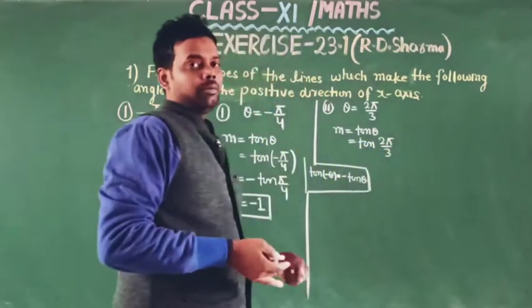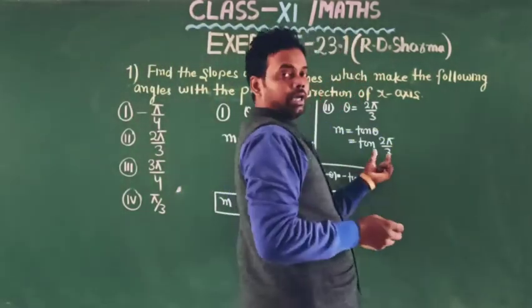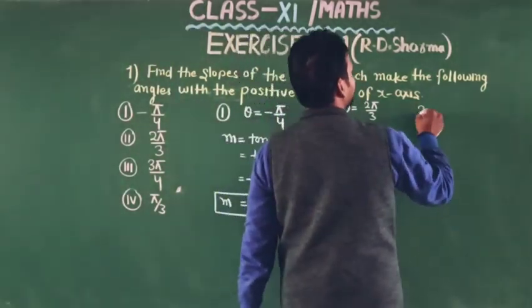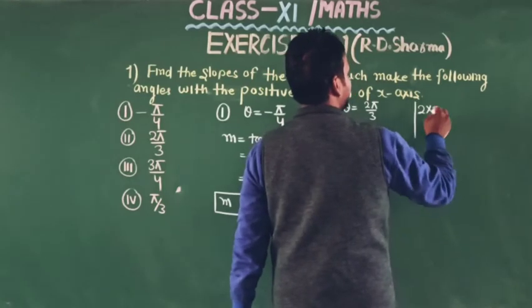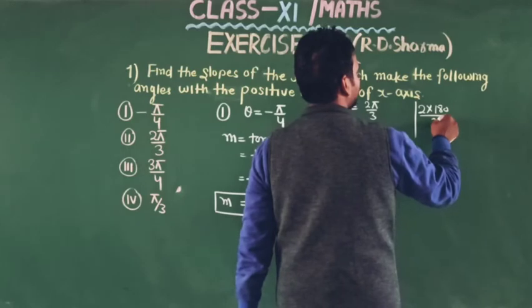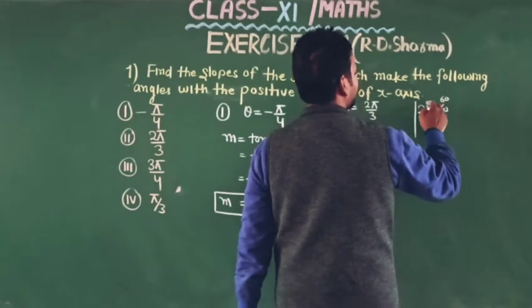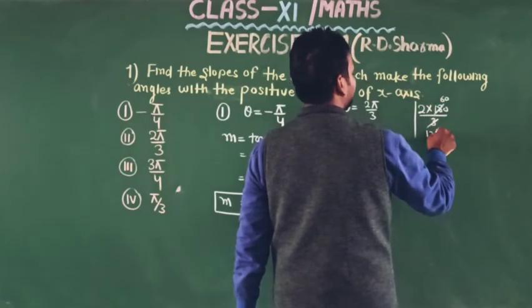This means 120 degrees. Let us calculate: 2, and the value of pi is 180 degrees, divided by 3. 180 divided by 3 is 60, and 60 times 2 is 120.